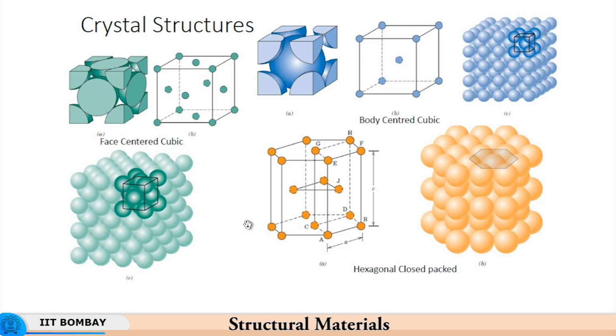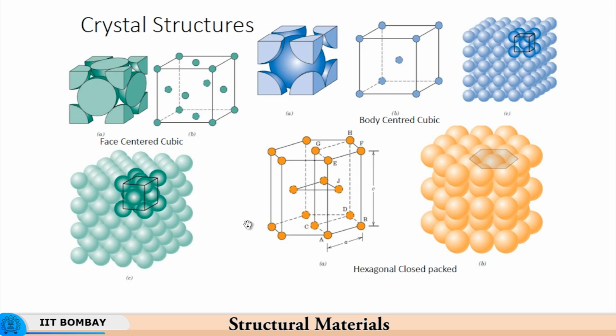Now, cubic structure means that you have atoms at each of these vertices, and then in face-centered cubic, you have an atom at the center of each plane. If you look at the cube, each cube is made of 6 planes. So 1, 2, 3, 4, 5, and 6.